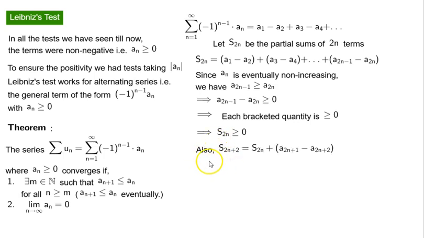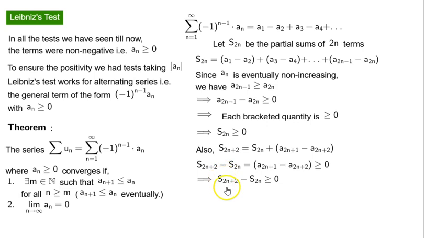So the partial sum S sub 2n plus 2 is equal to S sub 2n plus a sub 2n plus 1 minus a sub 2n plus 2. So S sub 2n plus 2 minus S sub 2n is equal to a sub 2n plus 1 minus a sub 2n plus 2, which is greater than or equal to 0.